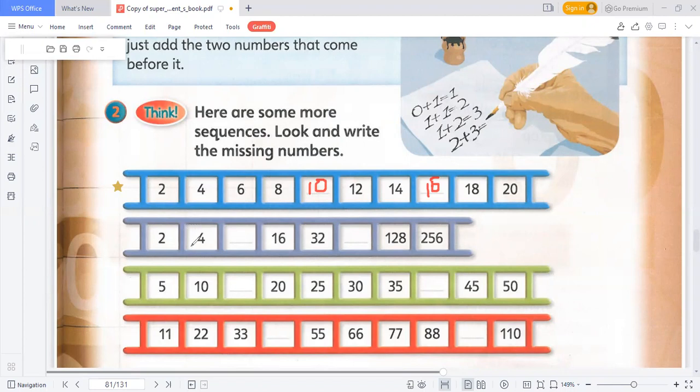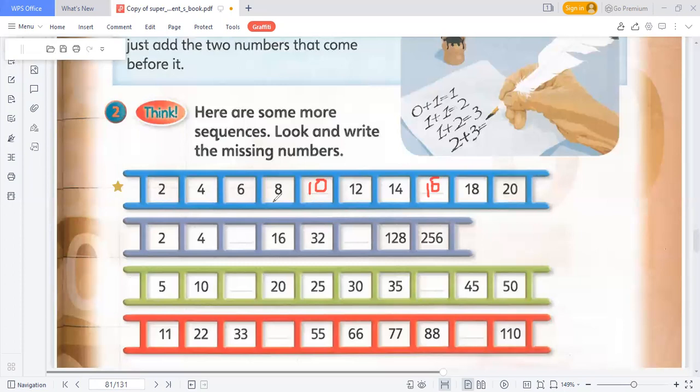As you can see, after 2 it's 4. Okay, and what's next to 4? Can you try it?